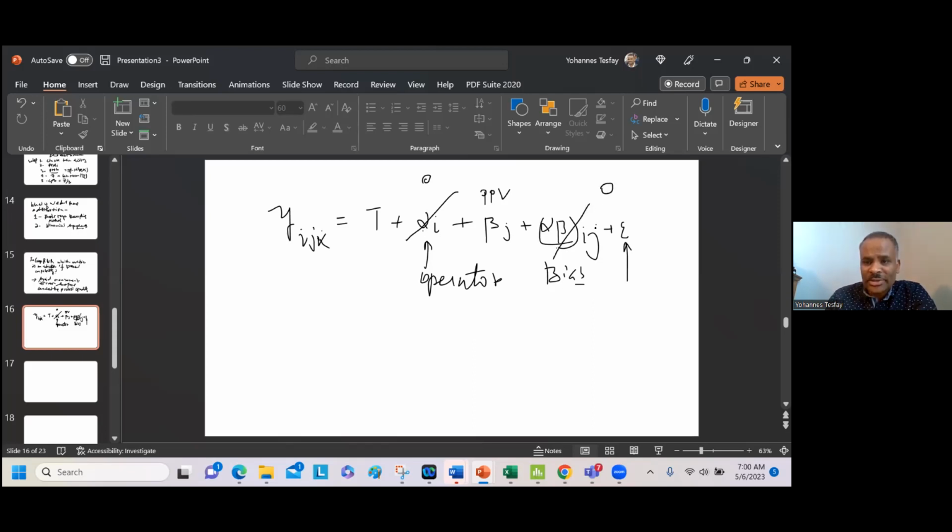What is left? The part-to-part variation is left. You see, part-to-part variation is left. So that one is associated with CPK.